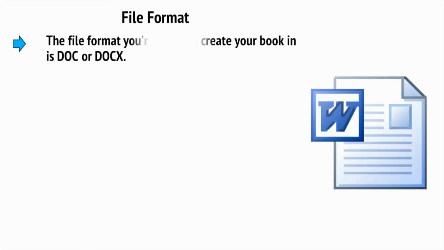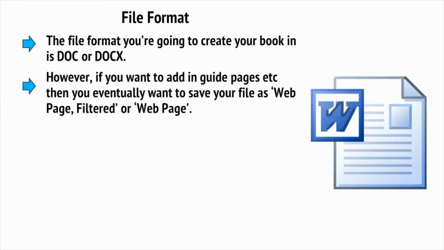And the first is the file format. The file format that you're going to create your book in is DOC or DOCX. As we'll see later on, Amazon can automatically convert this for you. However, if you want to add in guide pages, etc., then you eventually want to save your file as a web page, filtered.